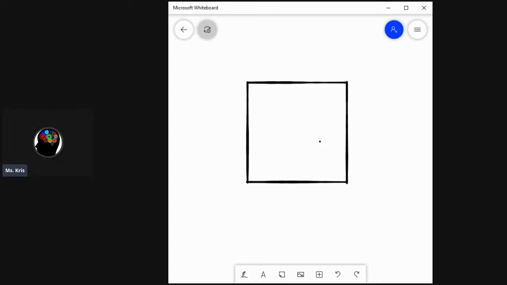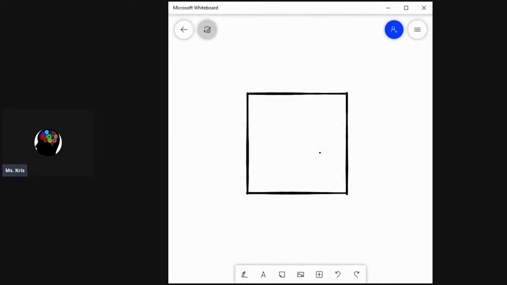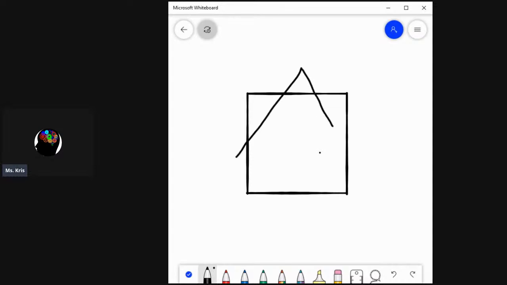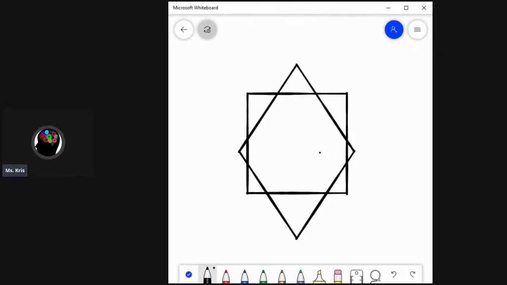Let's see if I can get it to do what I want it to do. There we go. So whenever you are dealing with rotation, you simply are rotating at a certain degree.